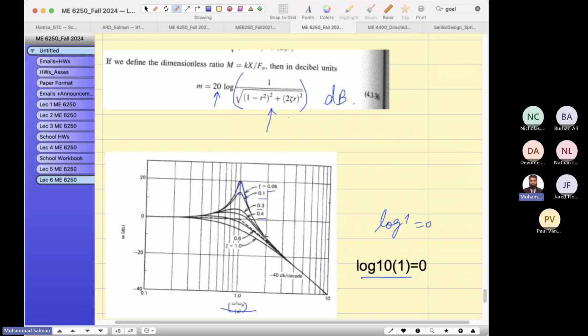This is the same plot, but now we are doing it in the dB value.